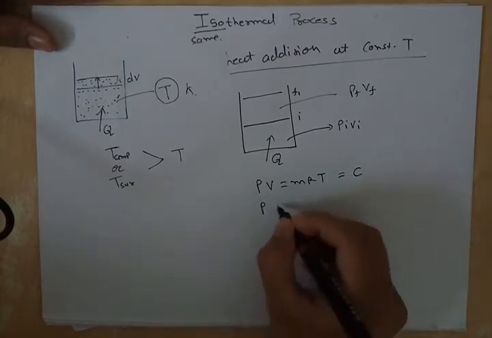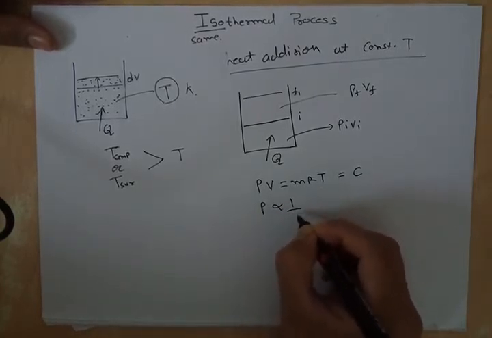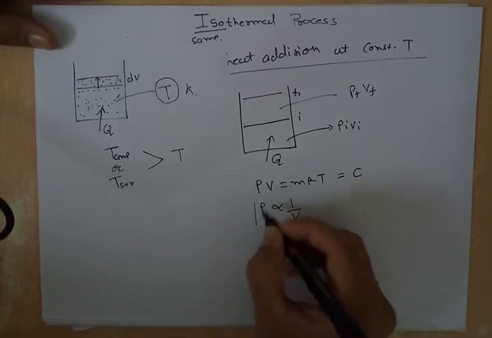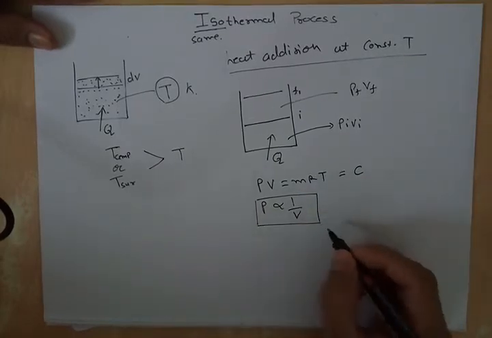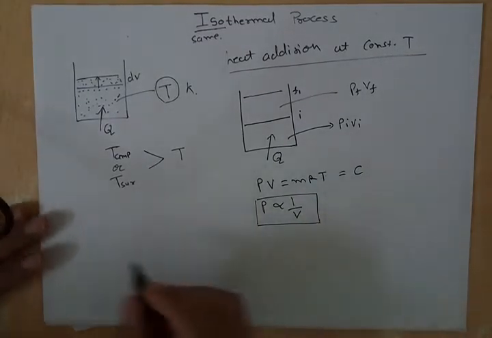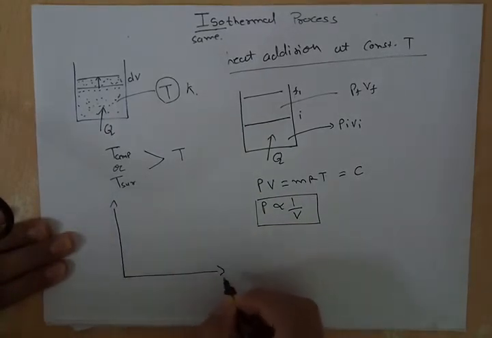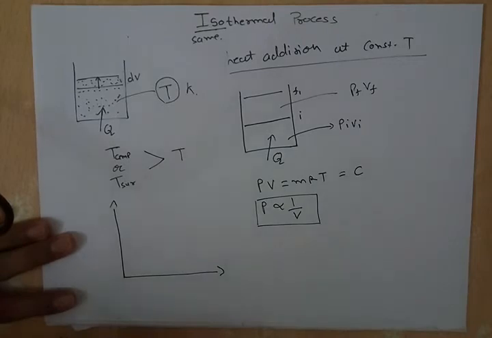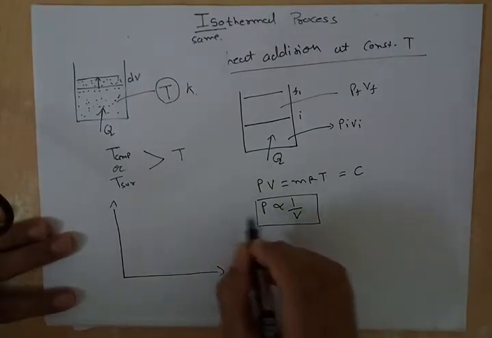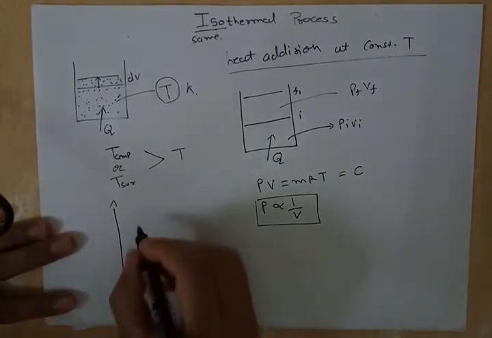So P is inversely proportional to V. We can write this relation, P is inversely proportional to volume. So this will give us a hyperbolic curve.